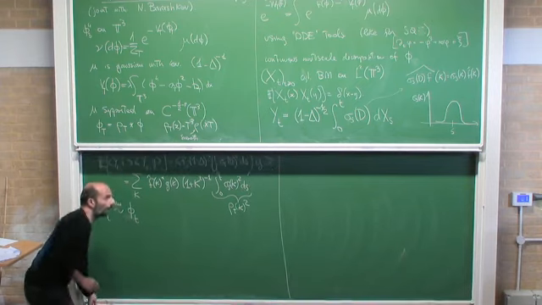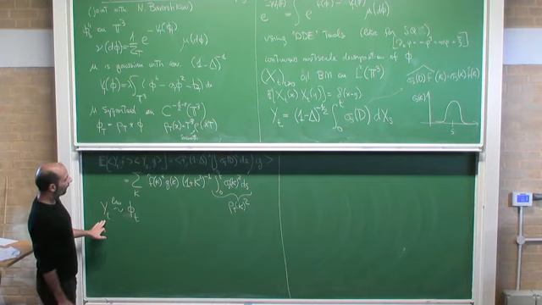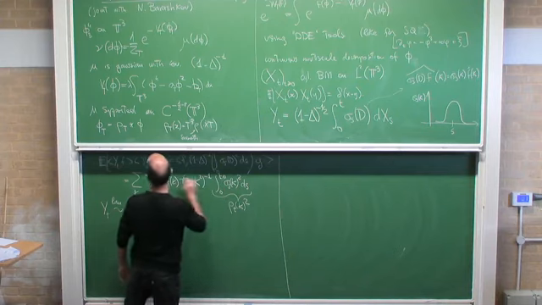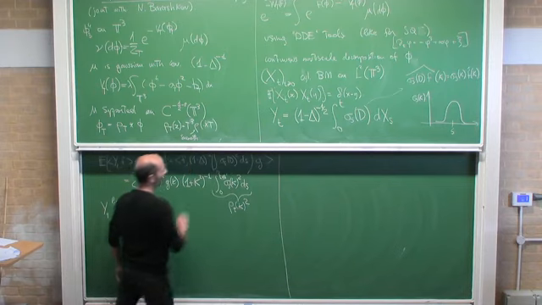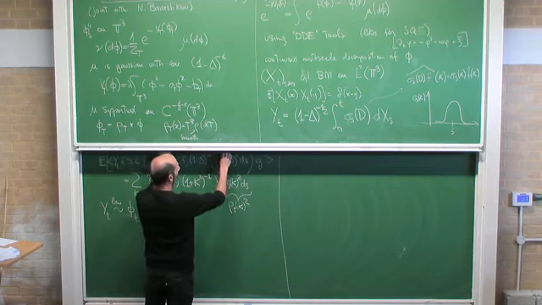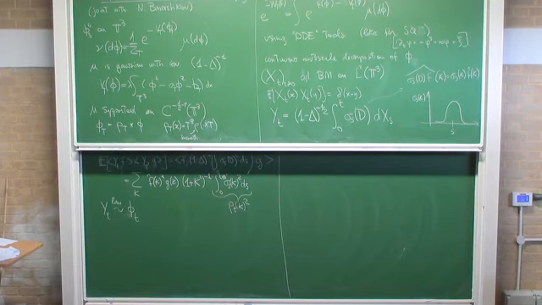T is the minimum of T and S, and S is not the integration variable. Yes, sorry, I understand. Let's call it T prime. So this is T and T prime, and then you have S. And here also we have T. Thanks. Okay, so this is our coupling.